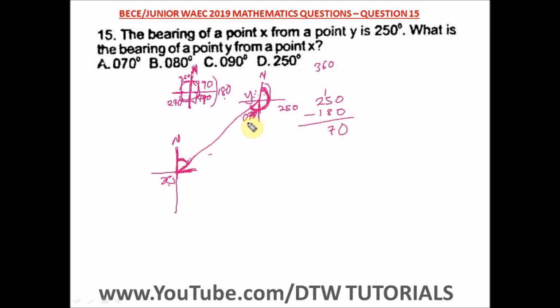And remember, in plane angles, alternate angles are equal. So if this is 70, this alternate angle is 70. So the bearing of Y from X is 70 degrees, and our right option here is option A.